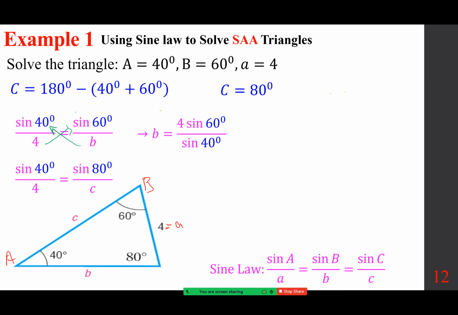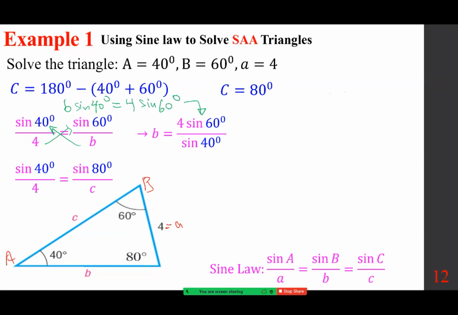I'm going to write this in case, but I believe we know that. So we have B sine 40 degrees equals 4 sine 60 degrees. And when we divide both sides by sine 40, that's what we get.